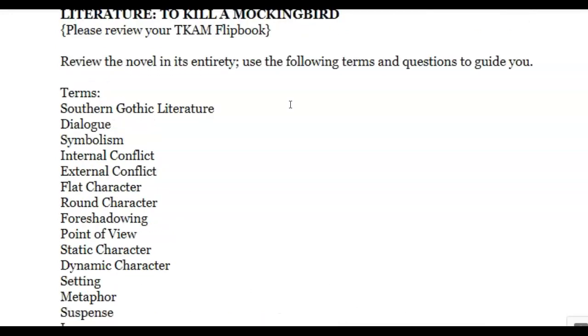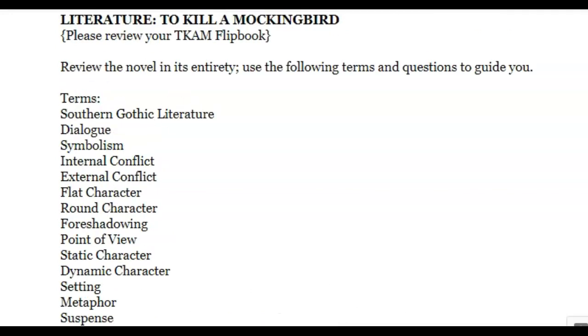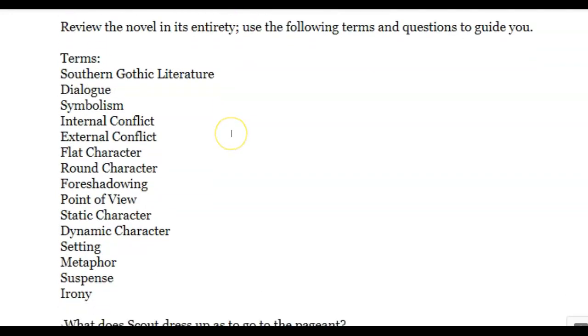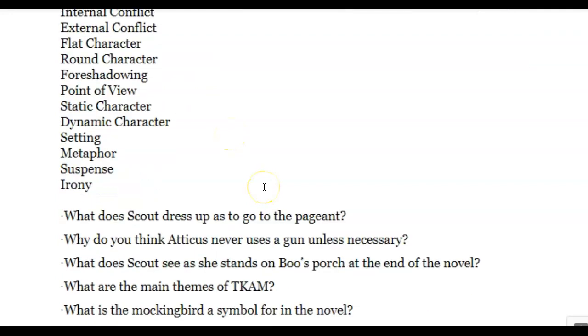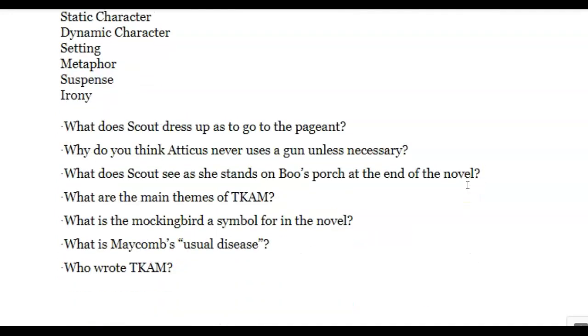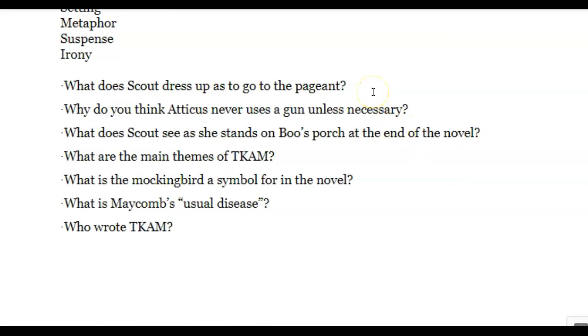All right, let's move on to To Kill a Mockingbird. So here are your terms for To Kill a Mockingbird. You should have your flip books for that. What does Scout dress up as? She goes to the pageant. She's a ham, y'all. Why do you think Atticus never uses a gun unless it's necessary?